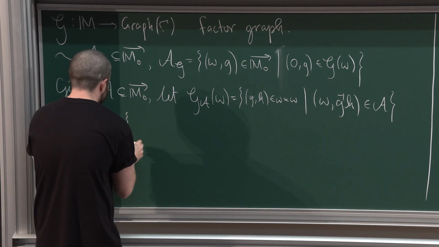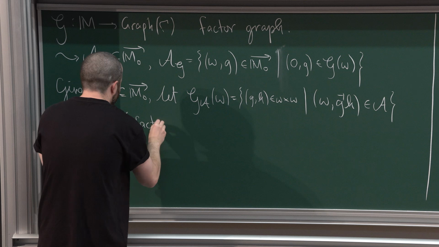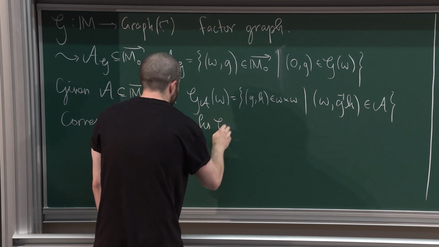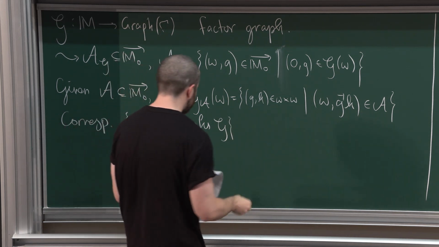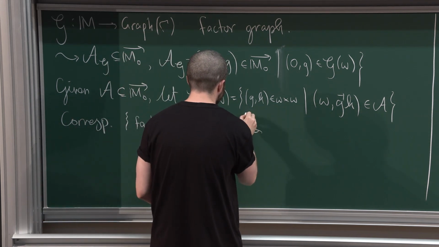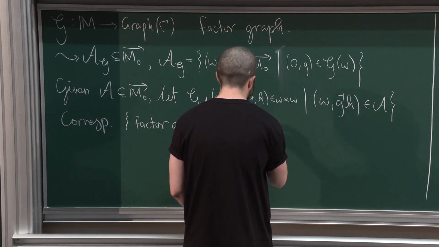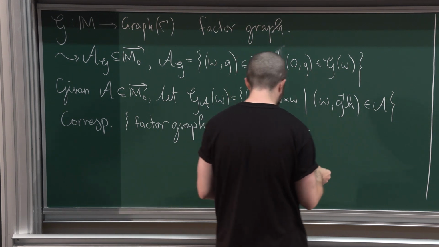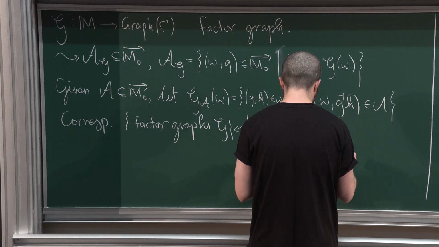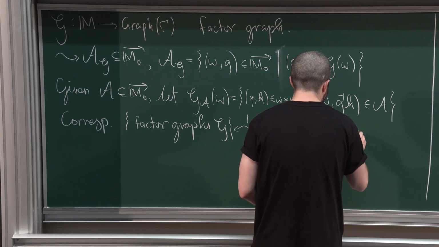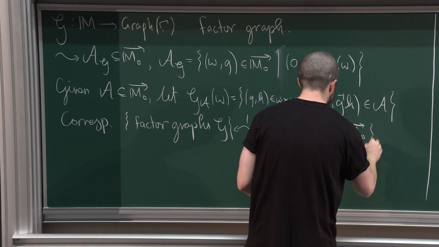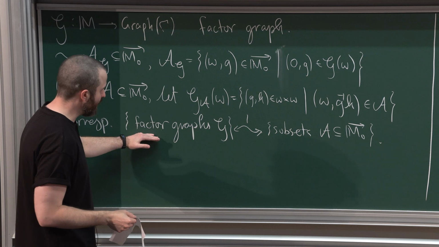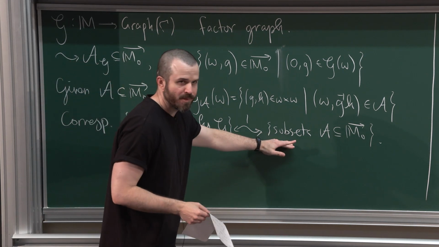Okay, so there is a correspondence between factor graphs G. These are in one-to-one correspondence with subsets A of the arrow space. Okay, if you want to be pedantic, I mean measurable factor graphs and measurable subsets.